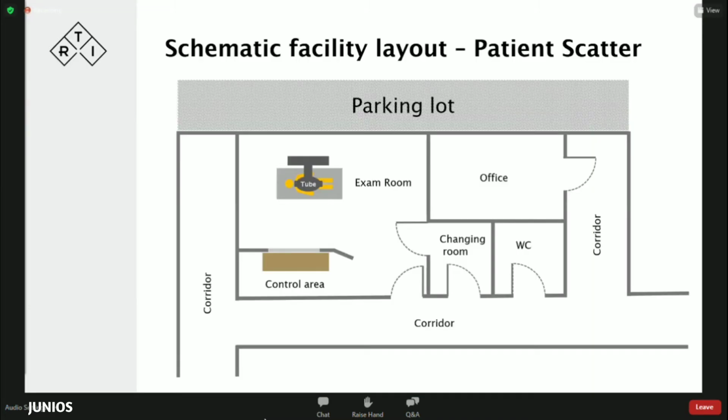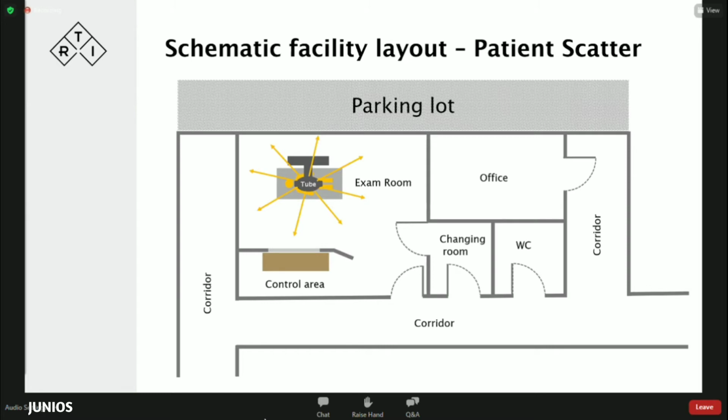So what is scatter? Scatter radiation is a result of the coherent and incoherent scattering process in diagnostic radiology. This scatter radiation arises from an exposure of an object which is along the path of the primary beam. That could be, most of the time, of course, a patient. But for purposes of QA testing, we usually would use a phantom.